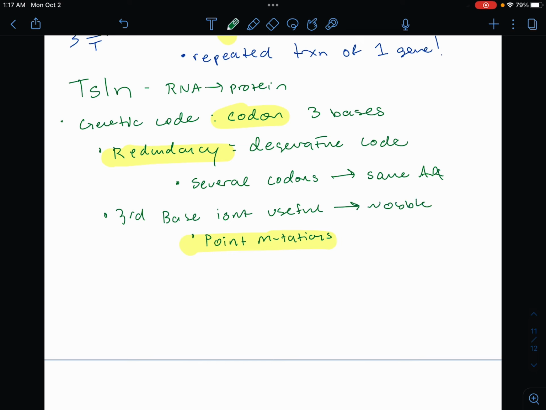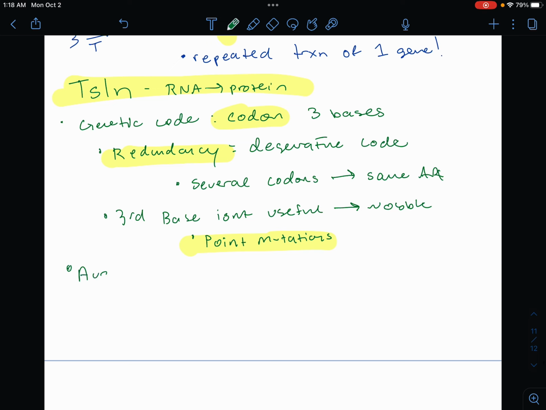And going into the same realm of redundancy, as well as the degenerative trait that the codon has, we have some important codons, such as the start codon. This is AUG.